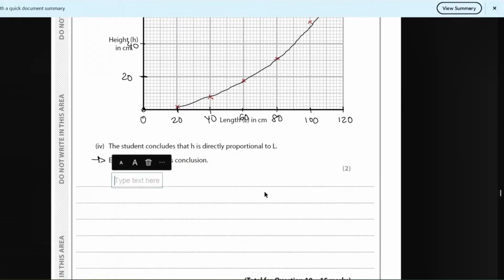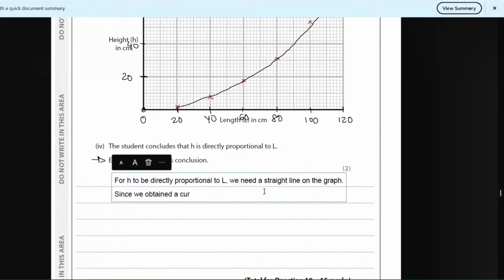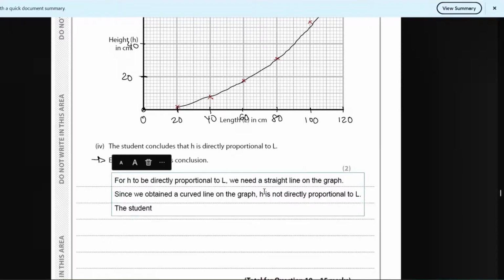So we'll say for H to be directly proportional to L, we need a straight line on the graph. Since we obtain a curved line on the graph, H is not directly proportional to L. The student's conclusion is incorrect.